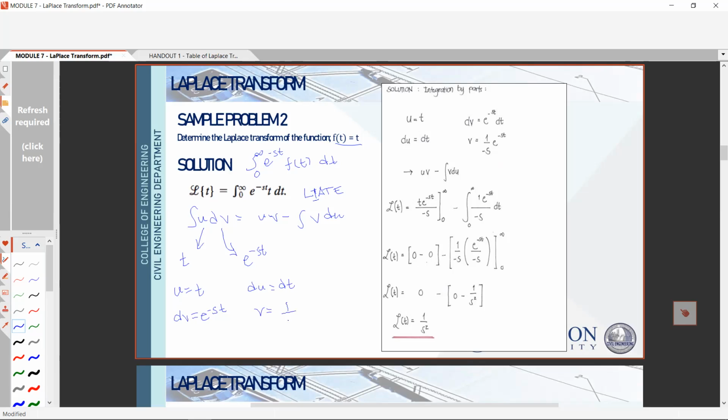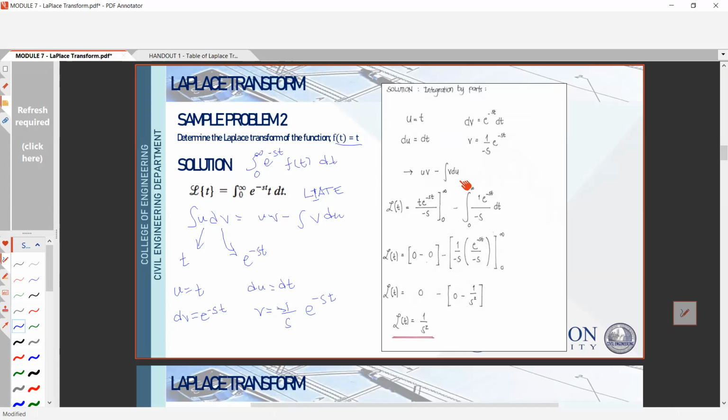So 1 over negative s, e raised to negative st. So the same na siya dito. u equals to t, du is equals to dt, dv is equals to e raised to negative st dt. Therefore, yung v natin is the integral of this one, so 1 over negative s e raised to negative st. Nasundan po?